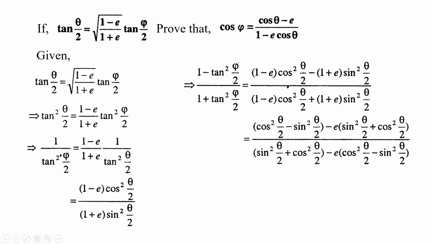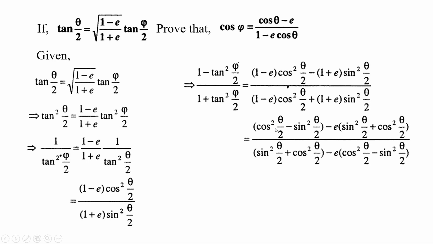And multiply 1 minus e by cos square theta by 2, also 1 plus e by sin square theta by 2, and then rearrange this term and take e as common, we get this line.